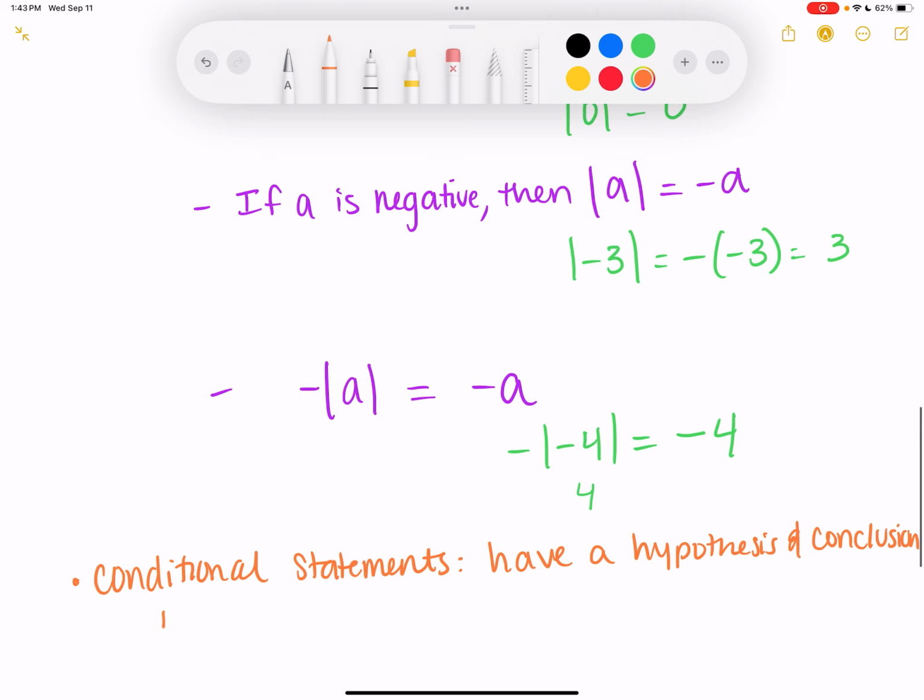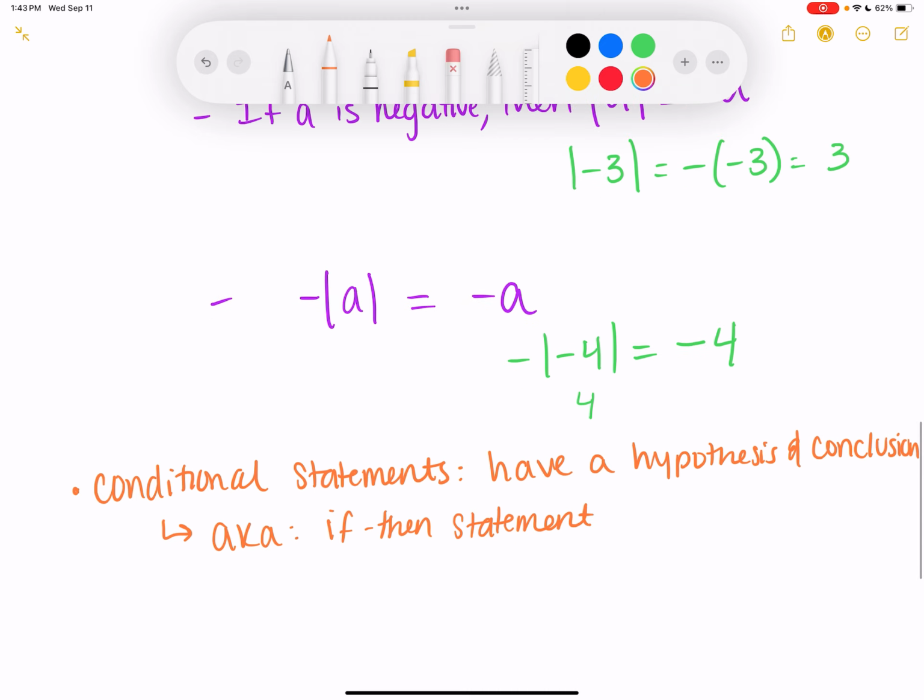Another name for them is an if-then statement. Have y'all seen these before in science class? No, not yet. I think it more comes up in like physical science. That's why I wasn't sure. You'll also see them in geometry next year a lot. We don't do a ton with them in algebra, but it's good to get familiar with them.